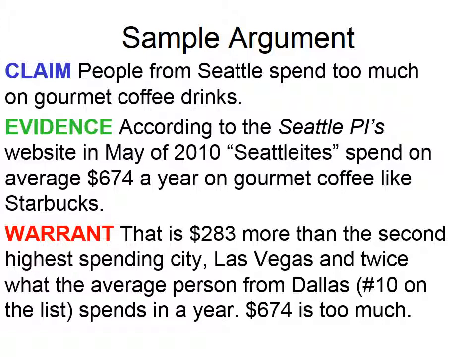The part here that usually confuses people is the warrant. So let me explain how this connects the claim and the evidence. Without the warrant, you are left with $674 a year on gourmet coffee. How do I know if that's too much? Maybe that's just average. The warrant is telling you that it's not average. It's more than the second highest spending city, a lot more.